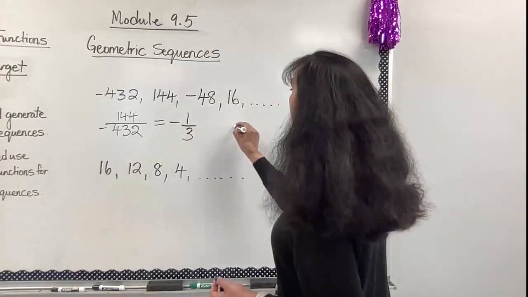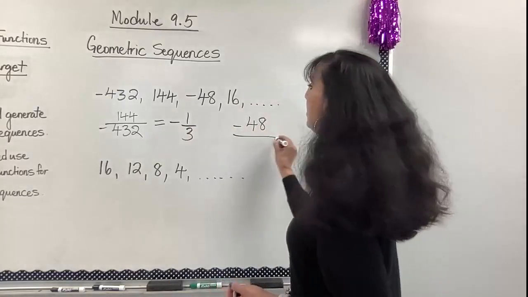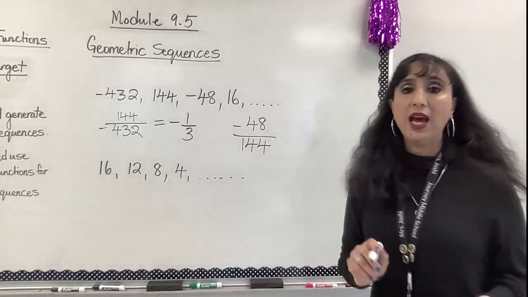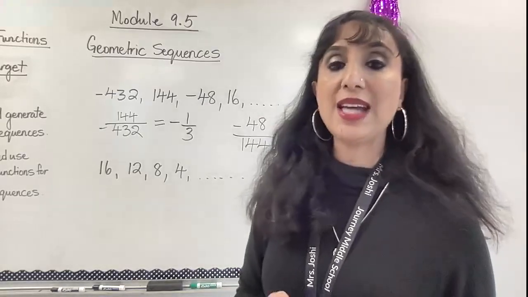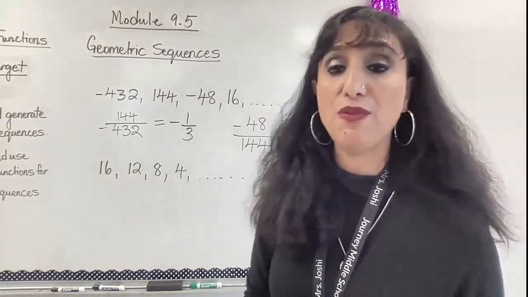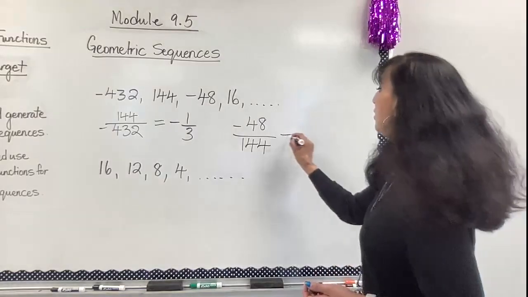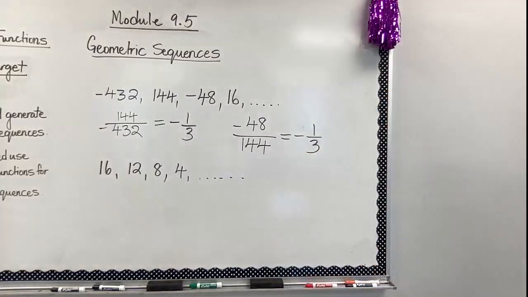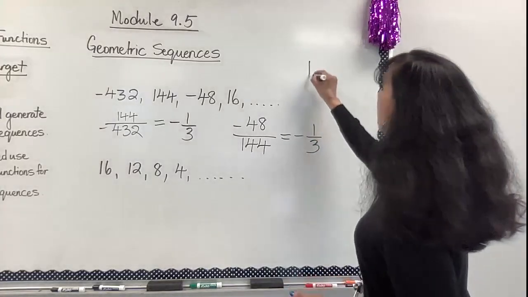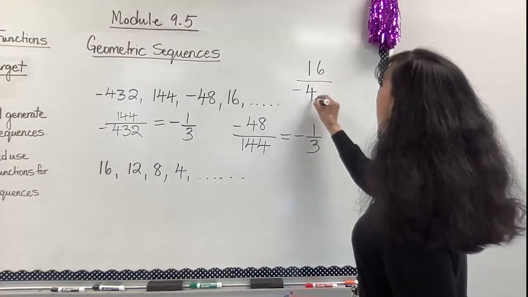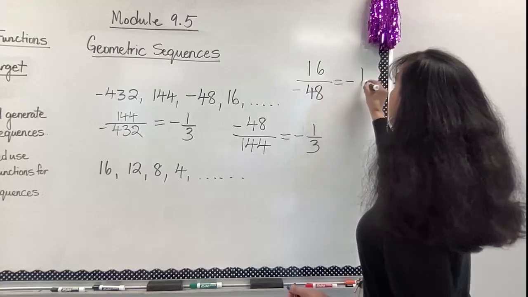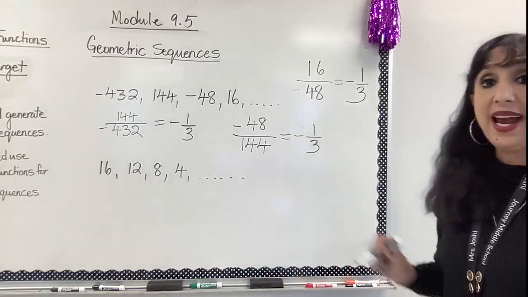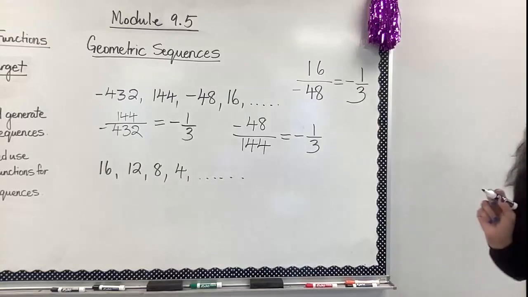Negative 48 divided by 144: I know that 48 times 3 gives me 144, so this is also negative 1/3. If I divide 16 by negative 48, I know that 16 times 3 is 48, so that is also negative 1/3.